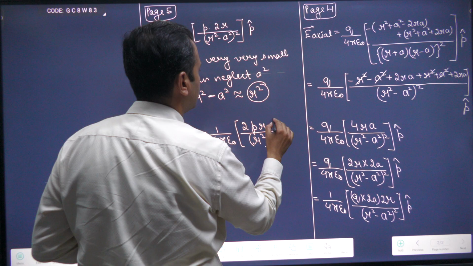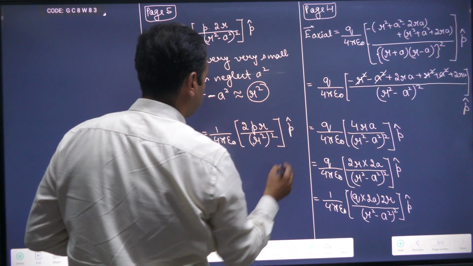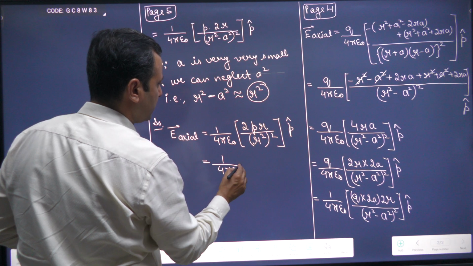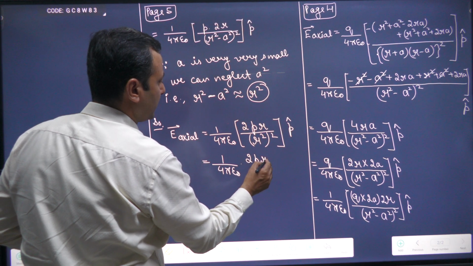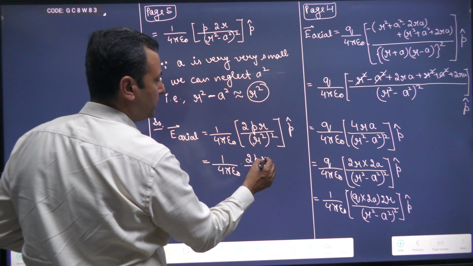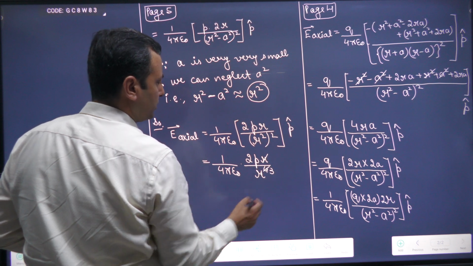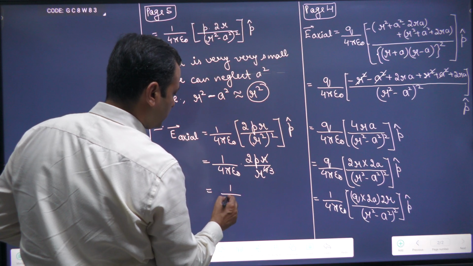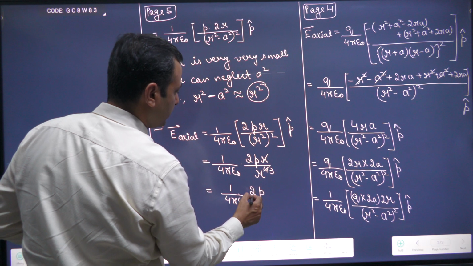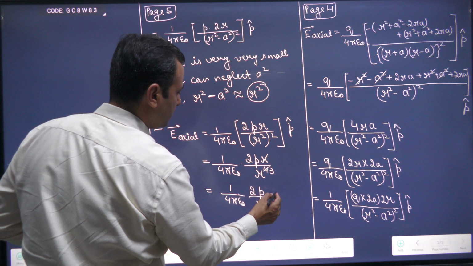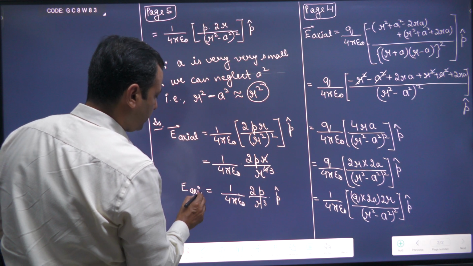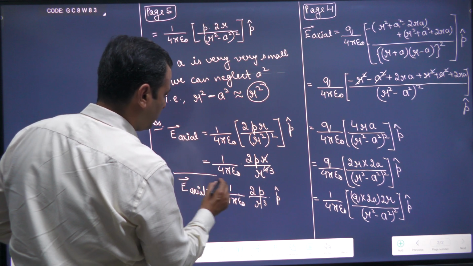So r squares whole square p cap, 1 upon 4 pi epsilon naught 2pr, r squares whole square is r to the power 4, so r cube. So it is 1 upon 4 pi epsilon naught 2p upon r cube p cap. This is the axial electric field of a dipole.